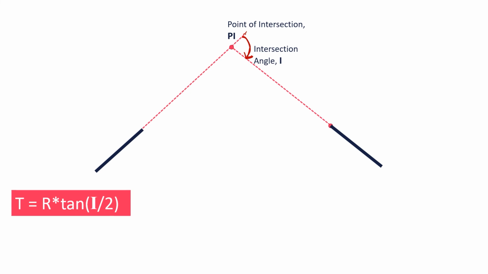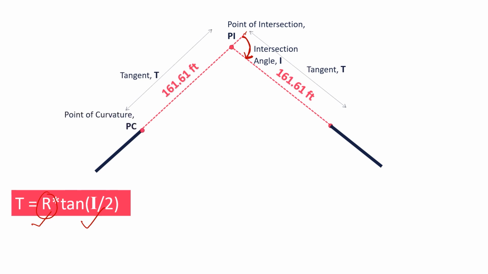I is known, but R is not known. Once we determine this T, you can find the starting point of the curve, the length of the curve, and then the end of the curve. So you can actually fit a curve like this.